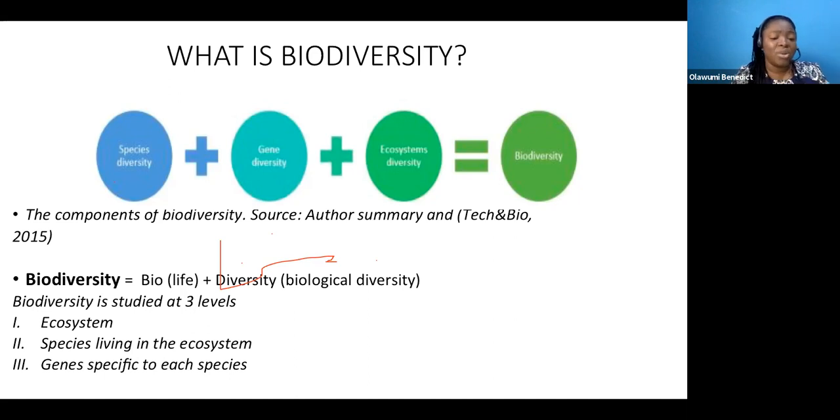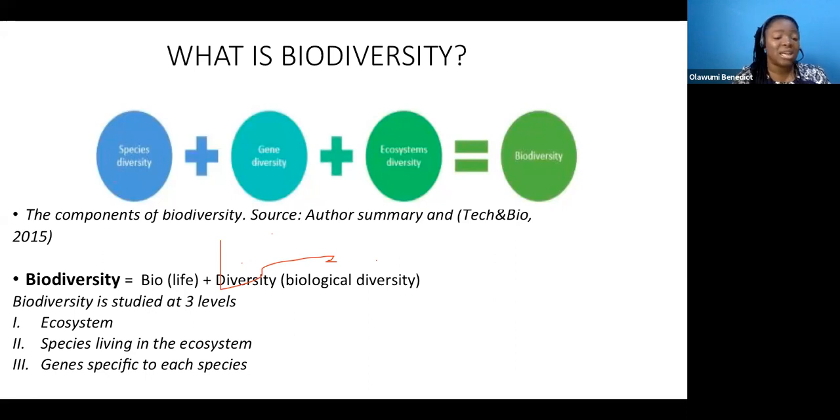Then in 1992, there was a convention, the Rio de Janeiro Convention. It's a conference tailored towards biodiversity, and everybody came together. They were discussing diversity. And out of that, they brought out a convention on biodiversity. And up to now, that convention is still in place.